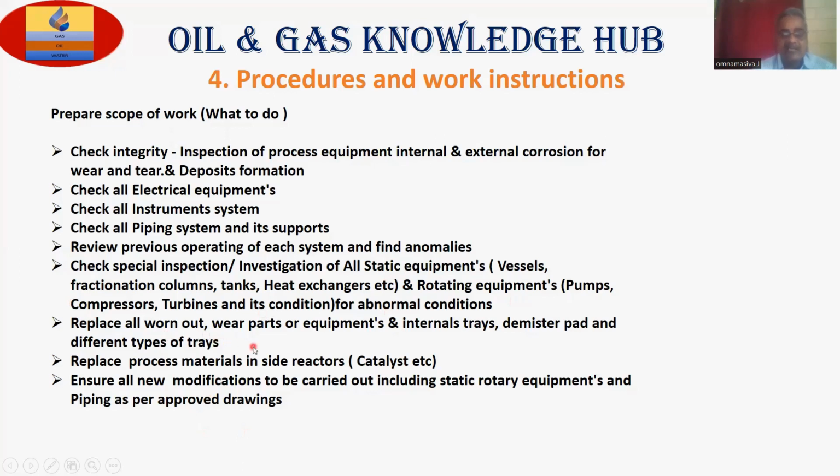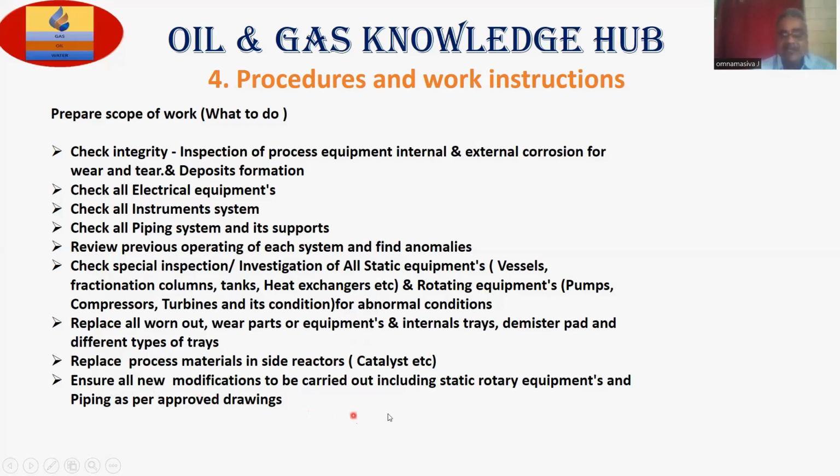Replace all worn out wear parts or equipments, internals, trays, demister pad, and different types of trays. Replace process material inside reactors like catalyst, like vanadium pentoxide, for example.